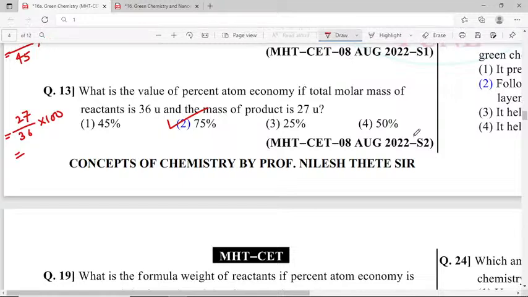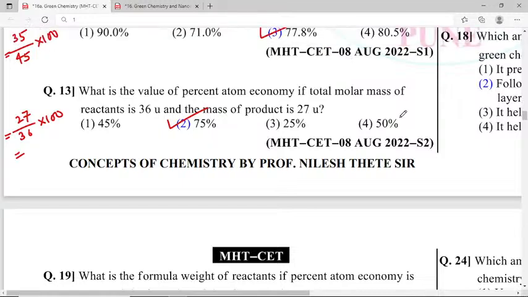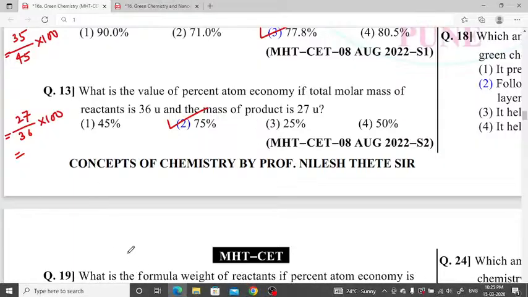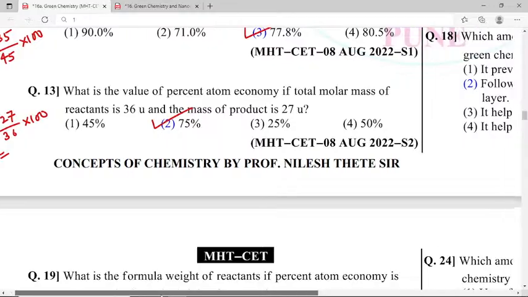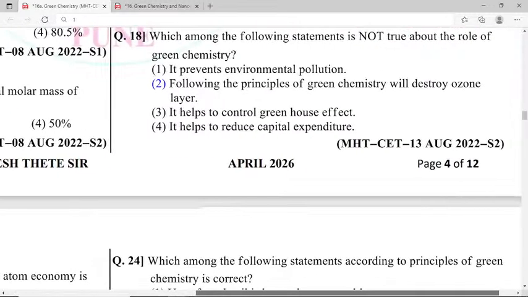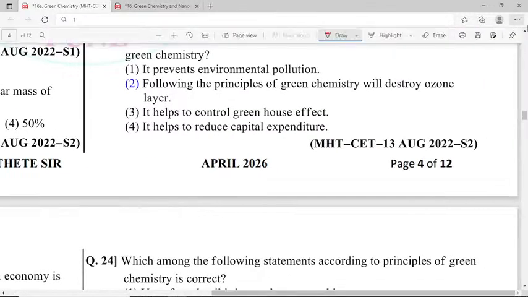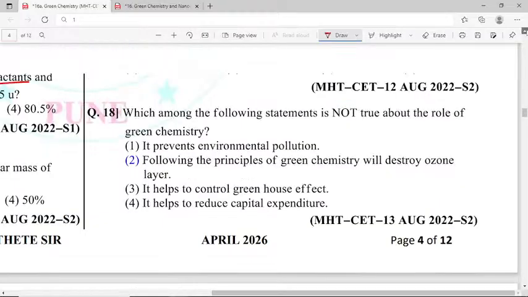Mass of product divided by total mass of reactant, multiply by 100. Formula mass of the product divided by formula mass of the reactant, multiply by 100.